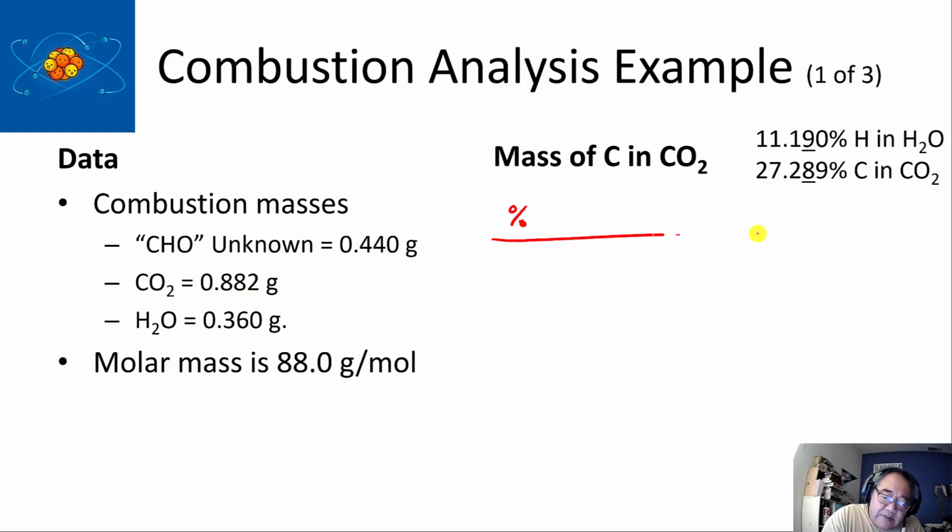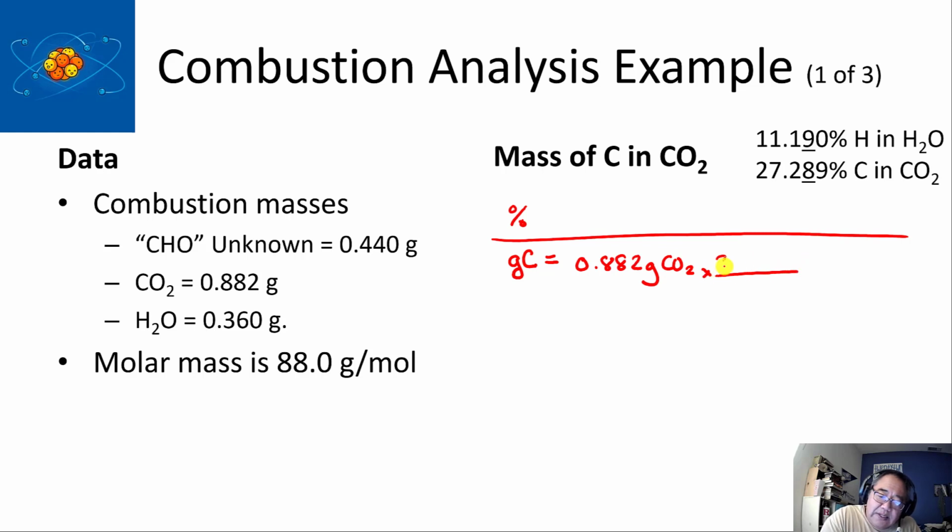Okay, so I'm going to just go like this. Grams of carbon, right? That's going to be 0.882 grams. And then what I need to use is the percent of carbon in carbon dioxide to get the grams of carbon. Now, I should write this CO2 here so we don't get confused.